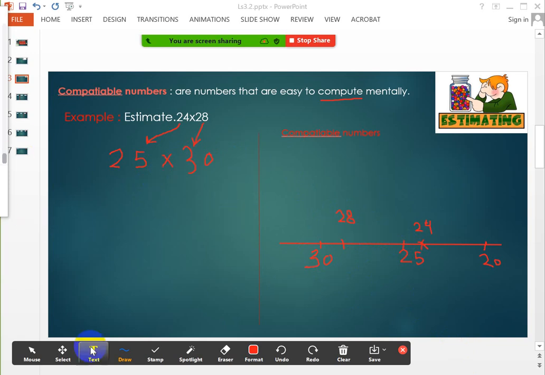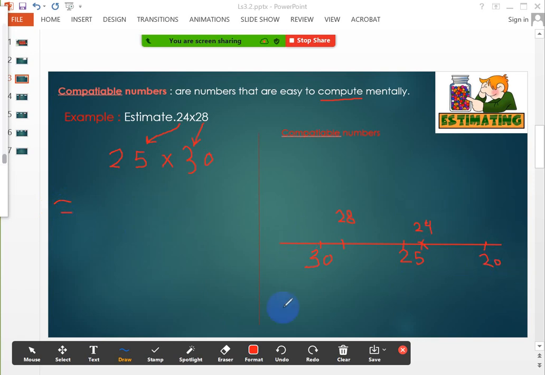So let's find the product. It's easy for me because I can use mental math to find the answer. I will multiply 25 with 3 and then put 0 next to the answer. Look at the number line.